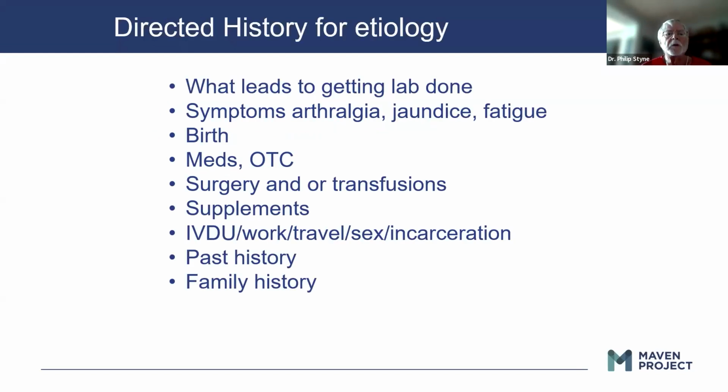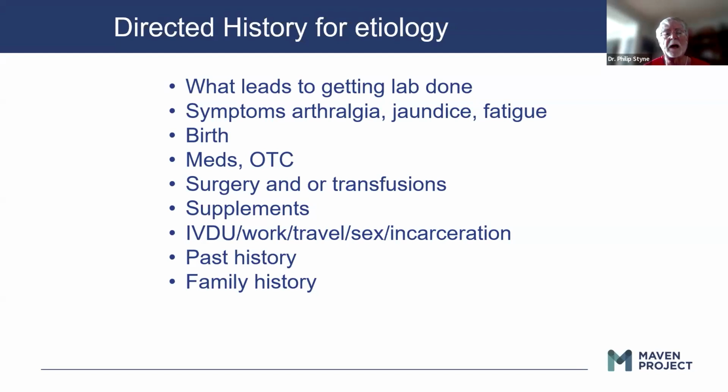Okay, directed history. A lot of times one of the first things that happens to me is the patient gets sent to me with some abnormal liver tests. And the first question I have is, why was the lab drawn? Was it drawn as just a regular routine lab? In a primary care setting, you might get a CMP just as a screening, but on the other hand, you may have gotten it because of some symptom, and paying attention to what that is.